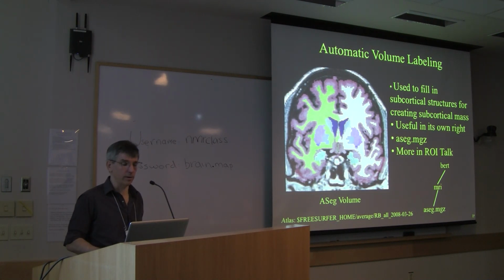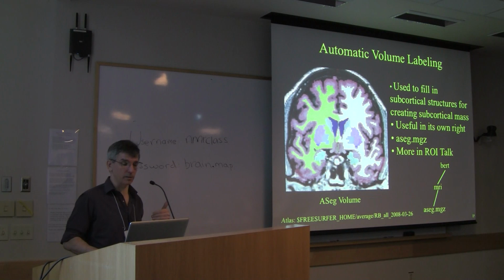And so while the subcortical aspects of it are accurate, the cortical one is not necessarily all that accurate. And so this is obviously useful in its own right because you can compute, say, volume of the hippocampus. But it's also useful when we go to take the further step of trying to isolate where the cortical surface is and actually build a surface-based model.